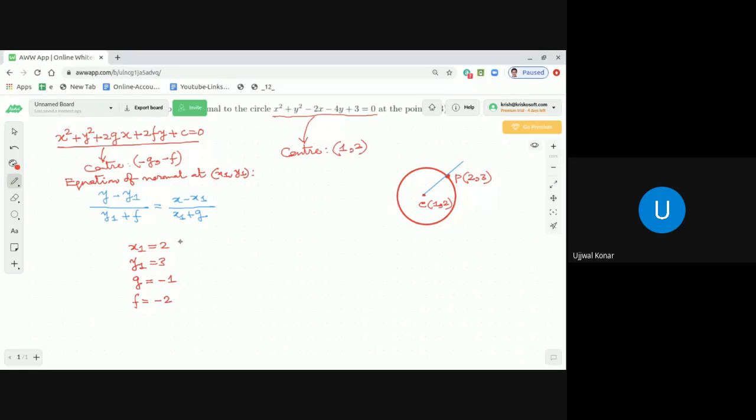So then what is the equation of the normal?